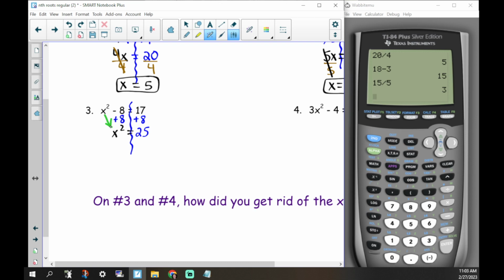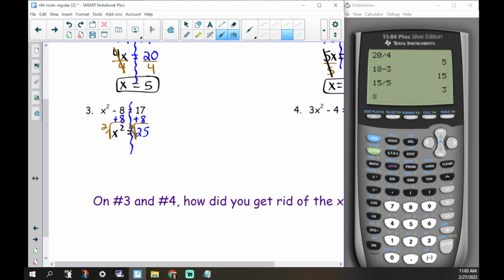Now from here, we can't divide anything. So if we have a power, you must root it to whatever that power is. In this instance, we shall root this x to the second power. We'll square root it, or we can even put that 2 there, and you'll see how that works. If you do it to one side, you do it to the other.